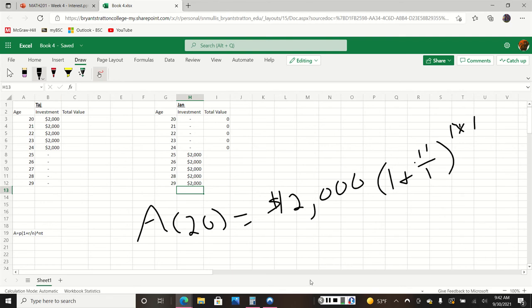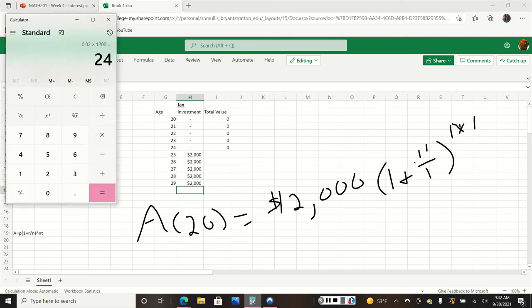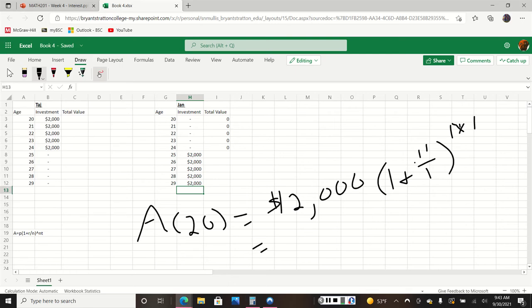So 0.11, so that would equal 2,000 times 1 plus, we know that that's 0.11, and we know that that's 1, which we really don't need to put that 1 there.